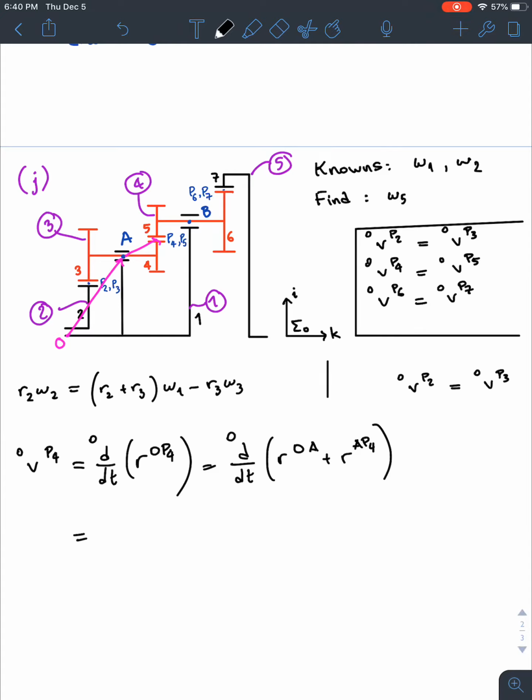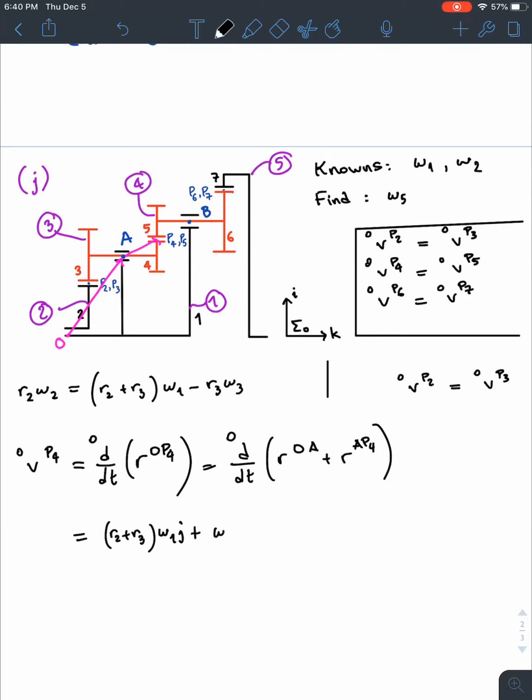Now, R O A, we just did that, was what? R2 plus R3 times omega 1 in the j direction, plus the position vector that goes from A to P4, which is R4 in the i direction. But that vector is fixed on which frame? Actually, the third rigid body, or the third frame.